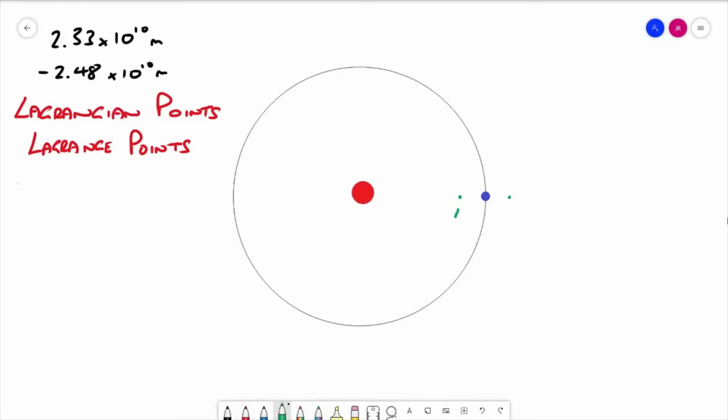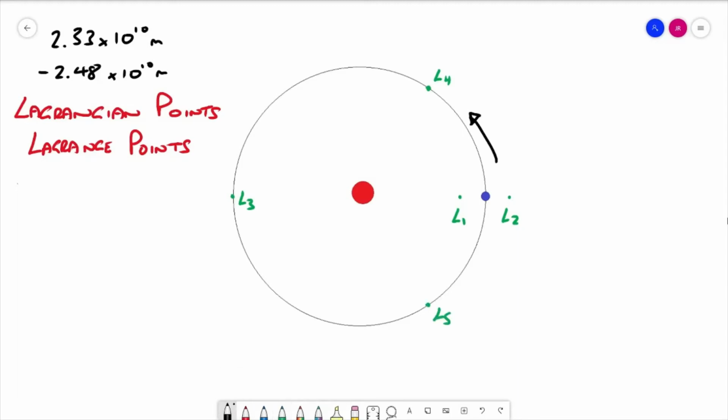We've found what are known as L1 and L2. L3 is actually on exactly the opposite side of the sun to the planet. L4 and L5 are slightly different. L4 is up there, and this is assuming that the planet is orbiting in that direction, so it precedes the planet, and L5 lags behind.